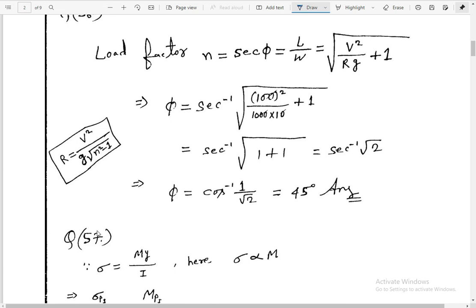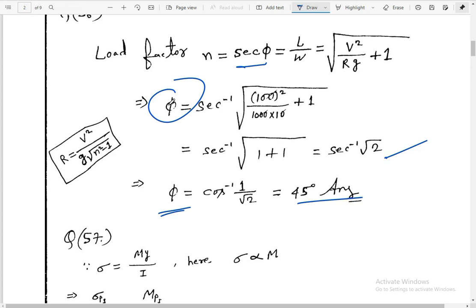We can say phi is equal to sec inverse of that. V is given 100, r is given 1000 meters, and gravity is given 10. Just solve, we get sec inverse root 2, and phi is the bank angle. So bank angle is equal to 45 degrees.